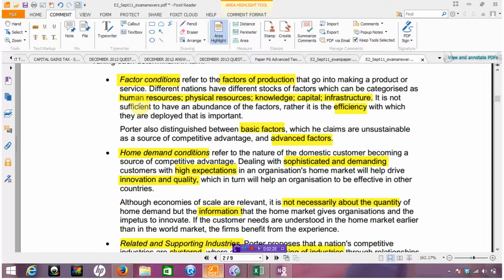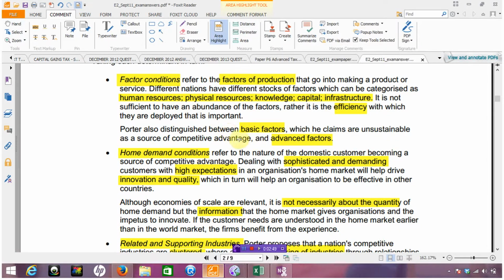And essentially we're talking about the efficiency at which these factors of production are employed, not just simply, as they mention here, the abundance of the factors. So that's a key point to mention under this factor conditions heading. It's efficiency, not just the fact that you have a lot of them.